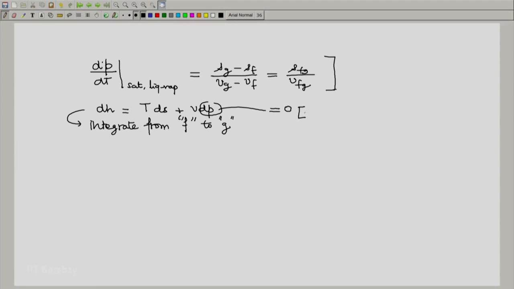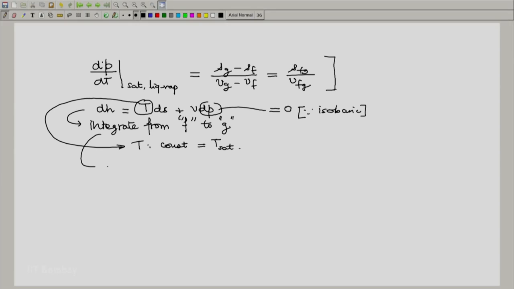Why? Because it is an isobaric process that we are looking at. And what about T? T will be constant and will equal the corresponding saturation temperature. Hence, integration of this will give us Hg minus Hf equal to T sat into Sg minus Sf.